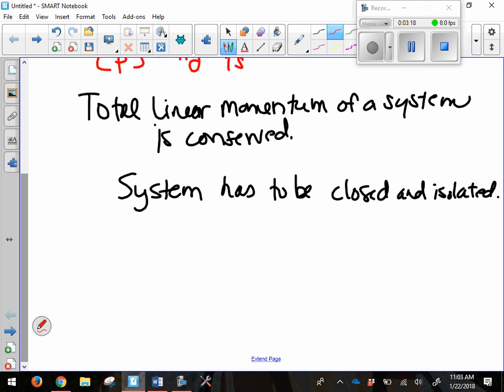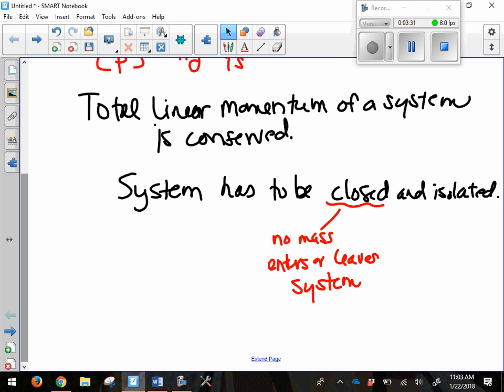So closed means no mass enters or leaves the system. Oh, how cool. So that means that if one block is going to slide into another block, you better make sure that your system includes both of those blocks.